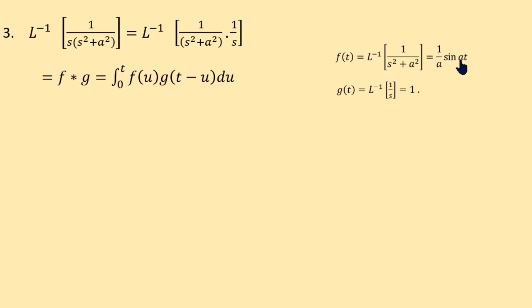F of u is 1 by a sin au. G of t minus u, t is replaced by t minus u. G of t is constant function, that is 1. This t may be anything.